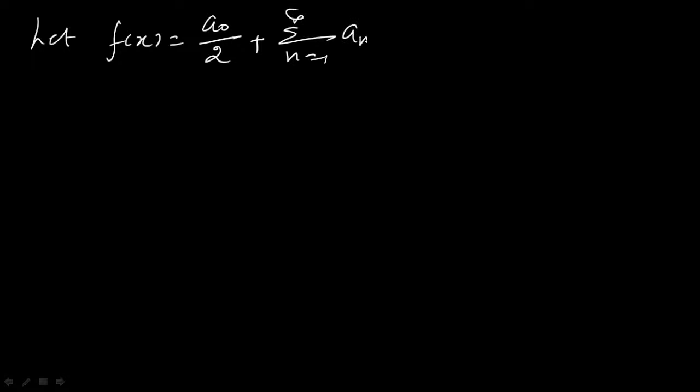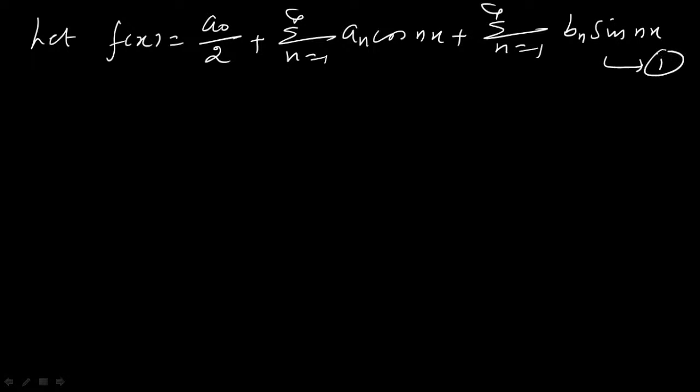Okay. So now let the required Fourier series be of the form f of x is equal to a naught divided by 2 plus sigma n varies from 1 to infinity an cos nx plus sigma n varies from 1 to infinity bn sin nx.